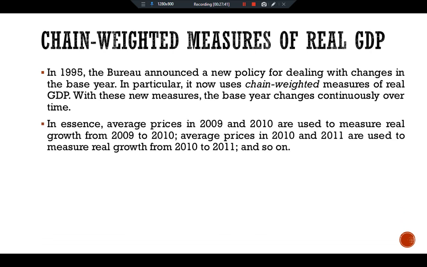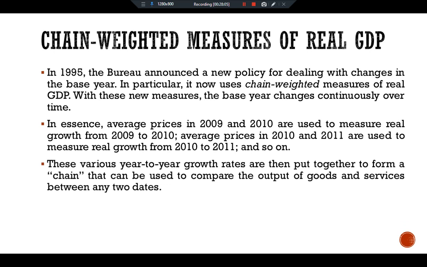In a sense, average prices in 2009 and 2010 are used to measure real growth from 2009 to 2010. Average prices in 2010 and 2011 are used to measure the real growth from 2010 to 2011, and so on. These various year-to-year growth rates are then put together to form a chain that can be used to compare the output of goods and services between any two dates.